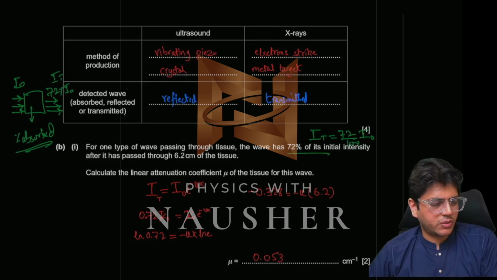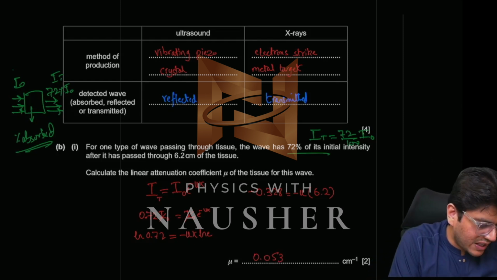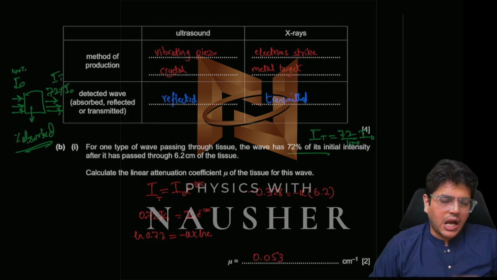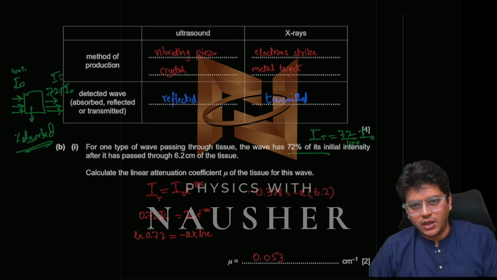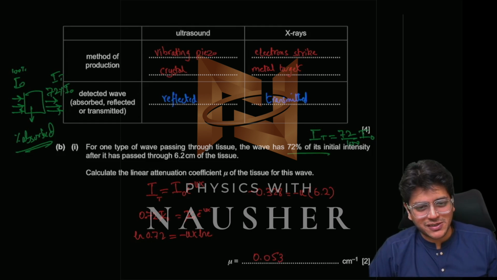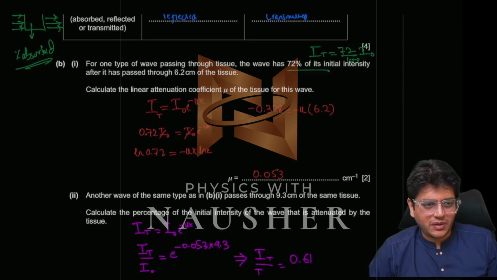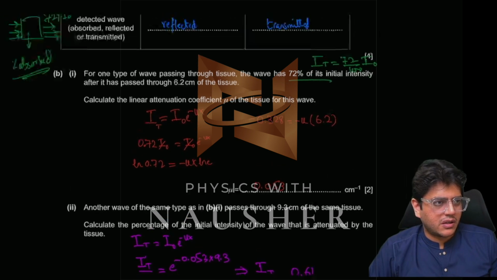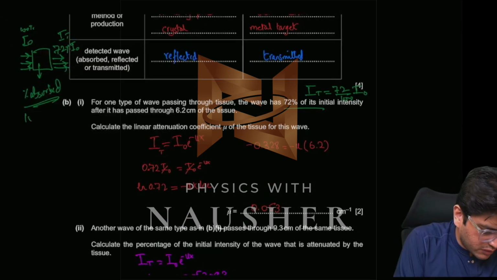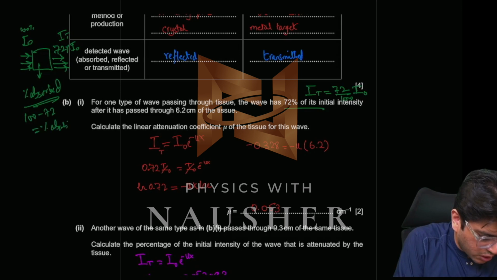What is the percentage absorbed? You will say, I sent in 100%, out of which 72% went out. What is left? 100 minus 72. It's a very typical question that they're asking these days. So just remember, the answer to my question was 100 minus 72, which is the percentage absorbed by the tissue.